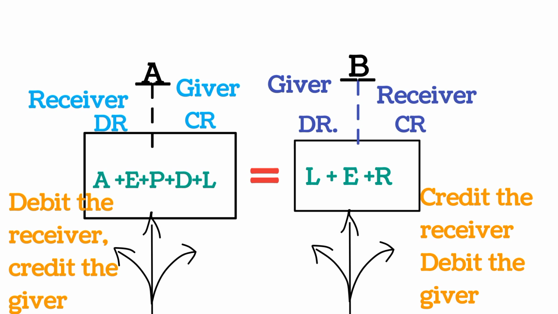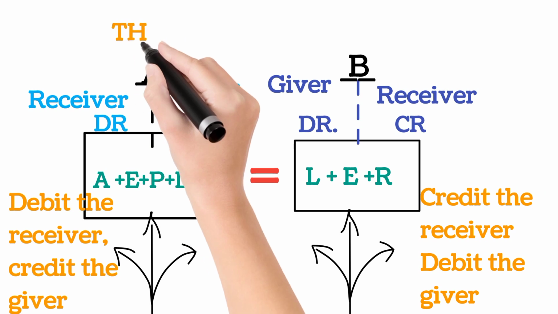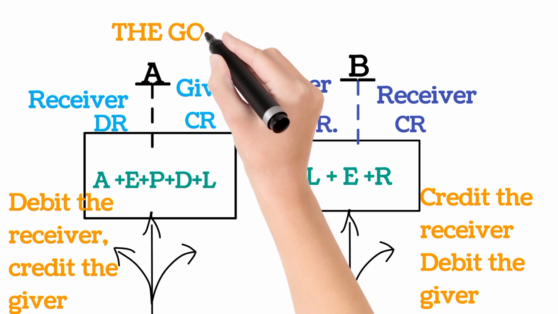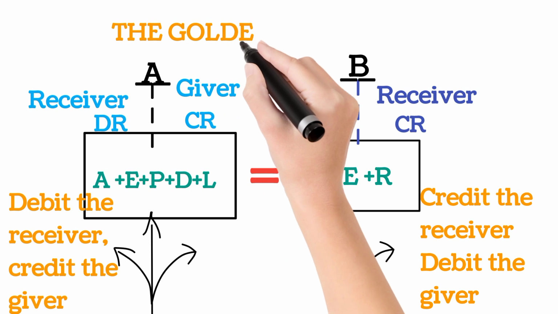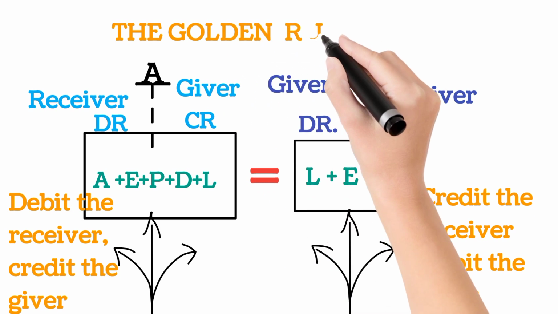So these are the only two golden rules in accounting. The golden rule in box A, which is debit the receiver, credit the giver. And the golden rule in box B, which is credit the receiver, debit the giver. These are the only two golden rules.